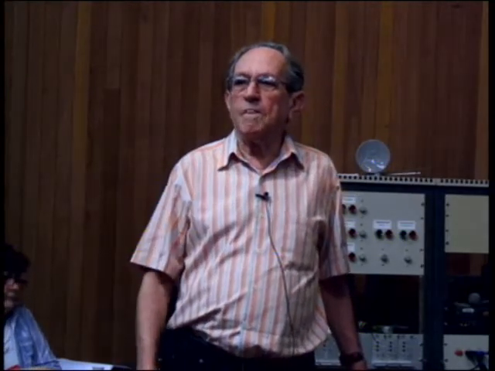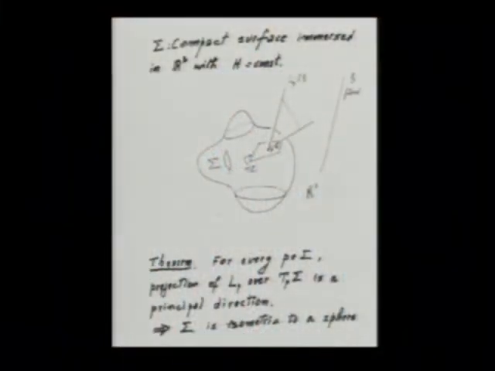A way to talk about this sphere is the compact umbilical surface, where all directions are principal. There might be other ways of expressing that, but I find it a very, very curious property of the sphere.